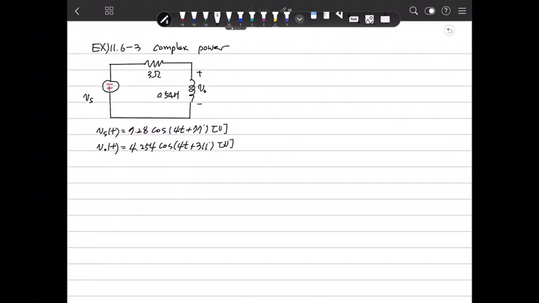Actually, Vo is not required because we can calculate Vo through the circuit. But anyway, the problem gives us Vo. It's very thankful.